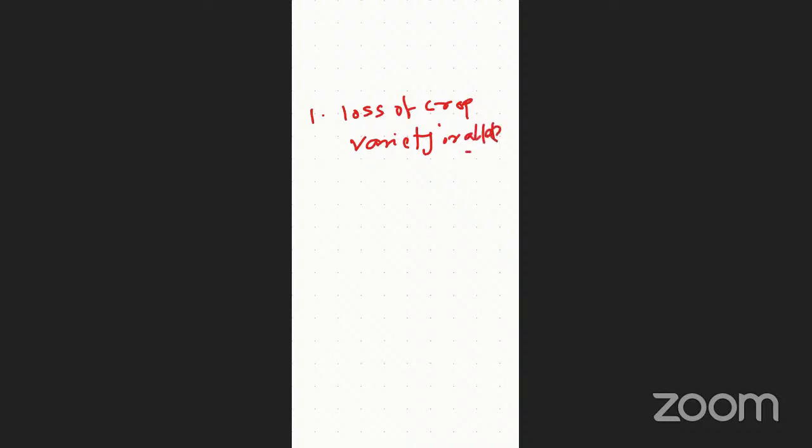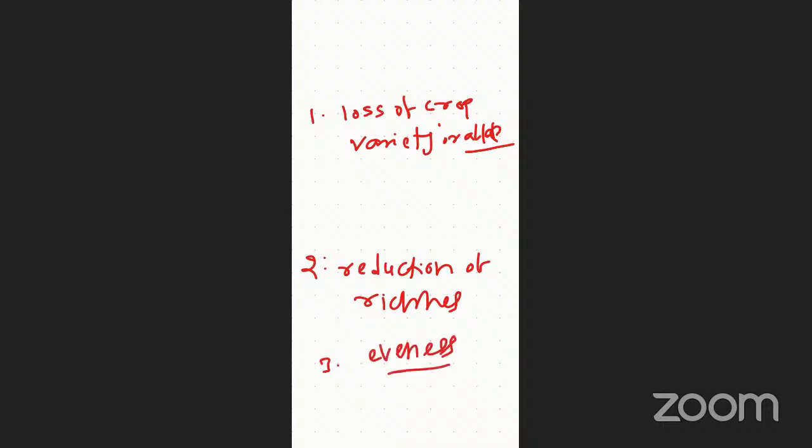I will tell you what an allele is later. Second, a reduction of richness, and third, a reduction of evenness. These are the three views for genetic erosion.